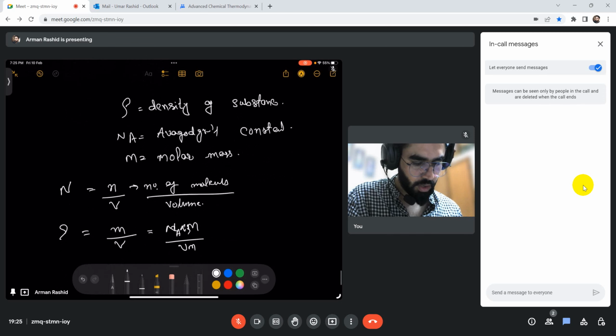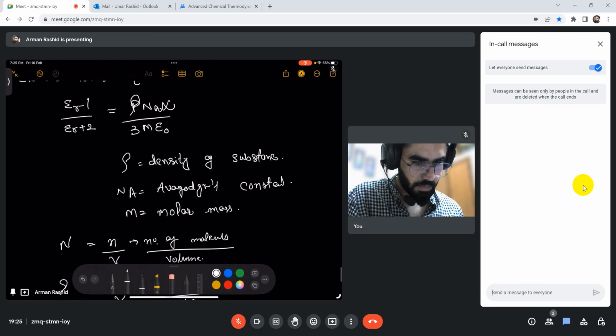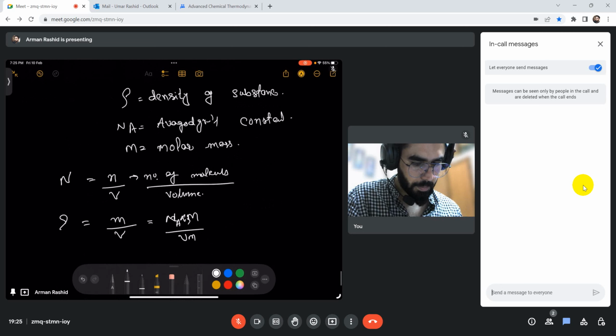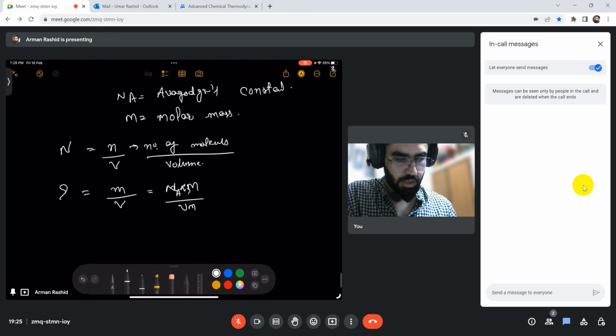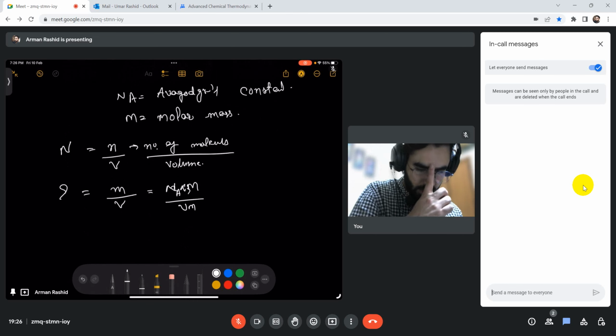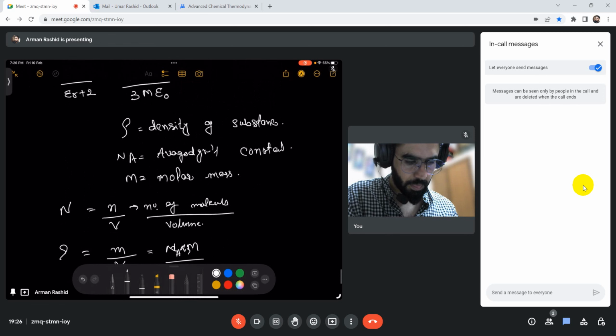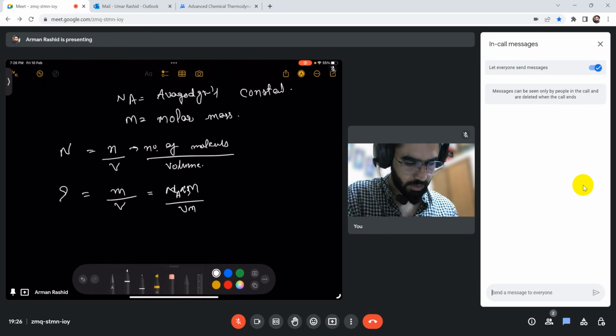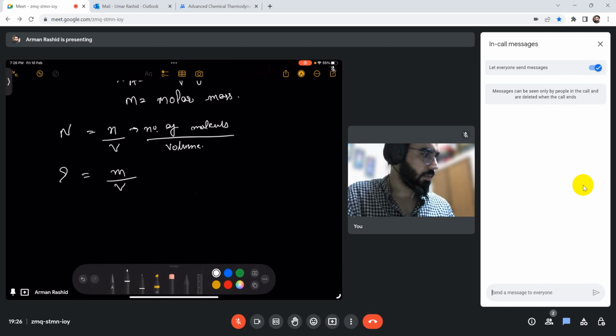So from the density we have to determine n. We can approach this another way. We know that density is mass by volume.